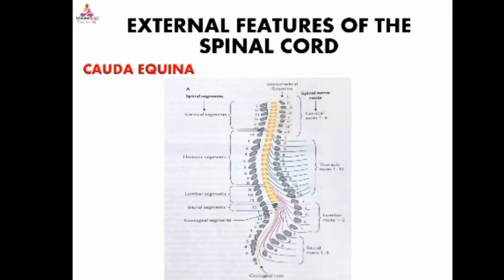Next is the cauda equina. Because the cord is shorter than the vertebral column, the length and obliquity of the spinal nerve roots increase progressively from above downwards, so that spinal nerves may emerge through the respective intervertebral foramina.